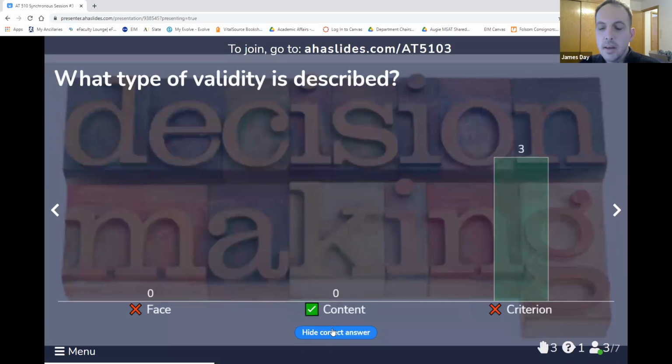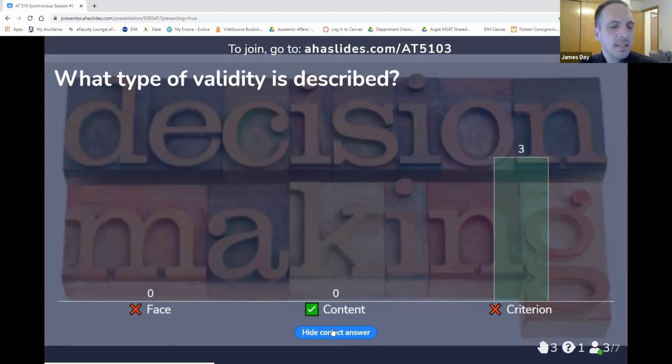That is actually content validity. So if we look now at the different types of validity, right? Face validity is when you just look at it yourself, and on its face, it seems to be similar, right?